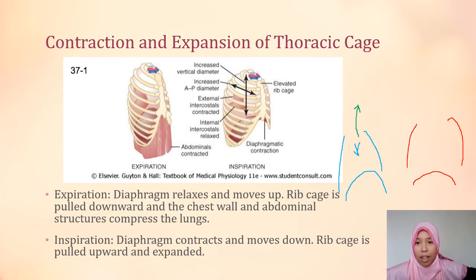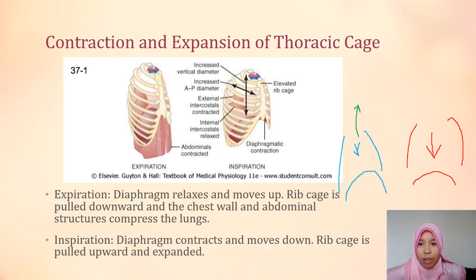So it goes upward and expanded. Therefore you have a total increase in the volume of the thoracic cage. Once the volume is increased, you have a decrease in pressure, right?